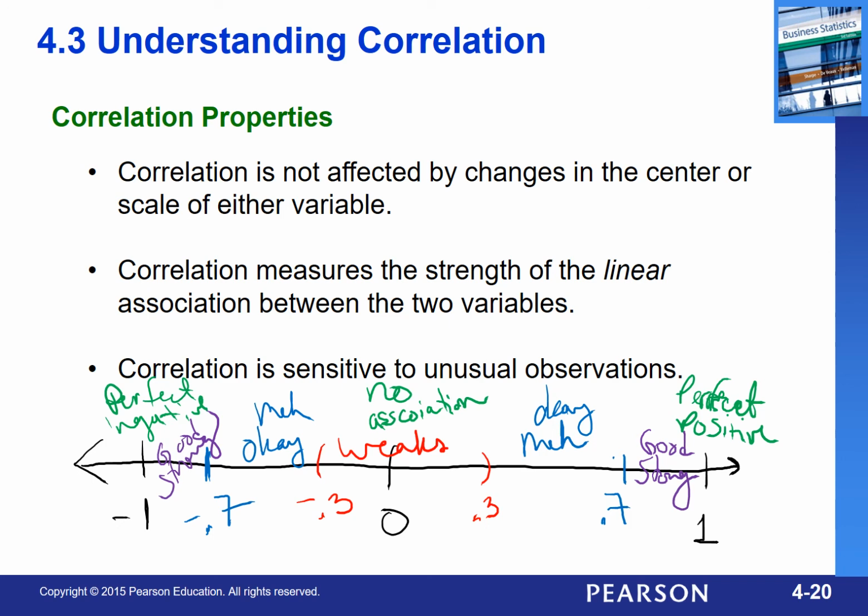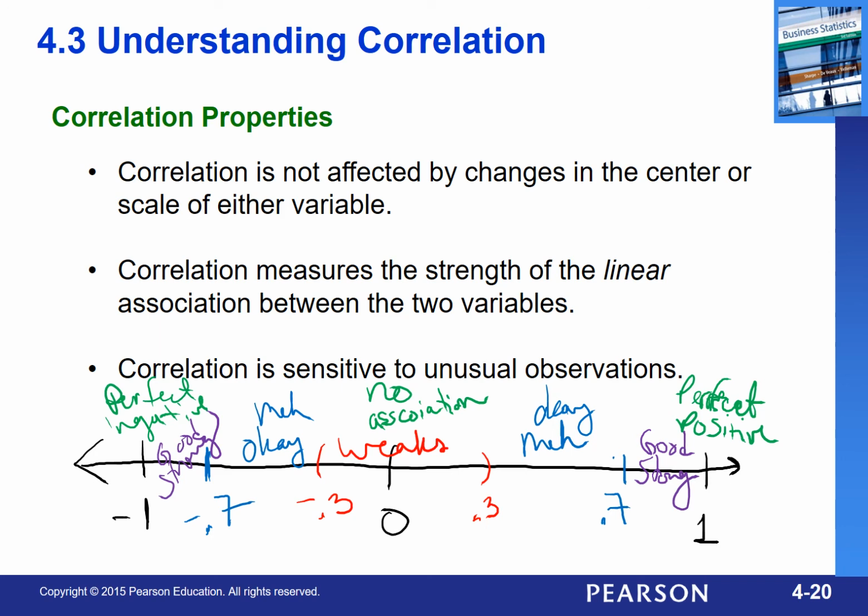So a couple other things I want you to keep in mind as you look at this. I'm going to draw you a little number line. I'm going to put -1 here, 0 here, and then 1 over here. All right, so I'm going to tell you how we think about these when it comes to their correlation value.